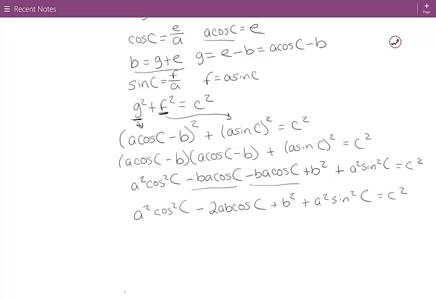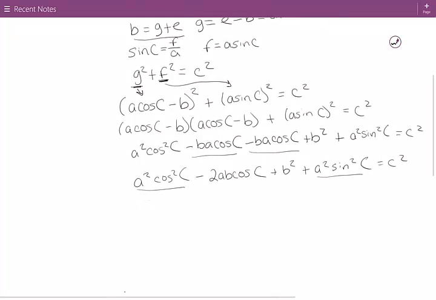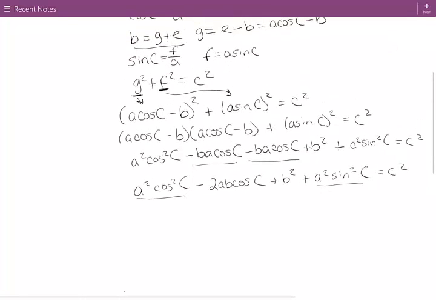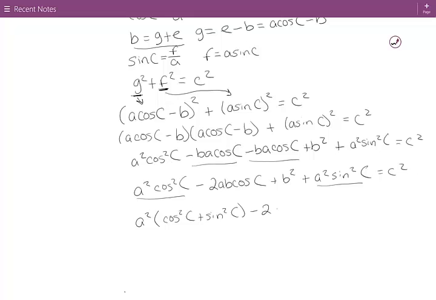Looking through this equation, I also see some trig identities. Sine squared plus cosine squared is equal to 1, and they both have the same factor, a squared, attached to them. So I'm going to bring an a squared out. So that would be a squared times cosine squared of c plus sine squared of c, minus 2ab cosine of c plus b squared is equal to c squared.